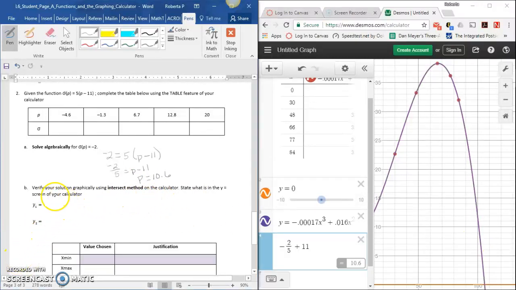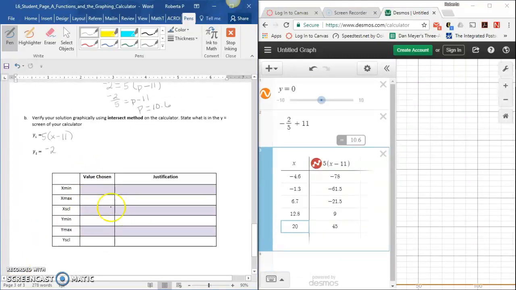And so then we want to verify by doing the intersection, and so your equation would be 5x minus 11 times the quantity, and that's how we came up with this table. It's y would equal 5 times the quantity of x minus 11, remembering that our calculator only understands x's and y's. And in the output, we want the value of -2.